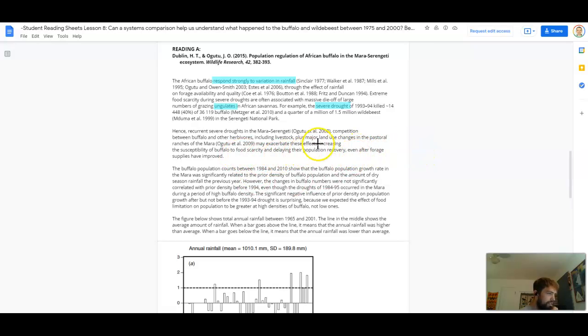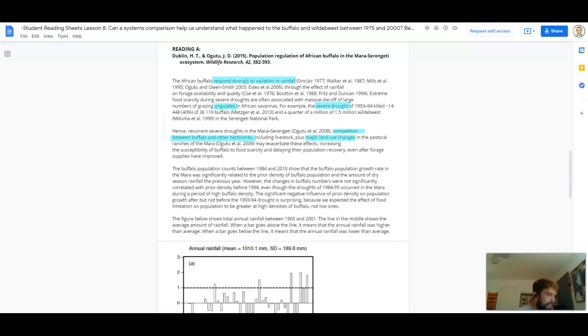So there we go, competition between buffalo and other herbivores. Major land use changes. Exacerbate means make worse. So that's making worse this problem of droughts already. That's already happening.